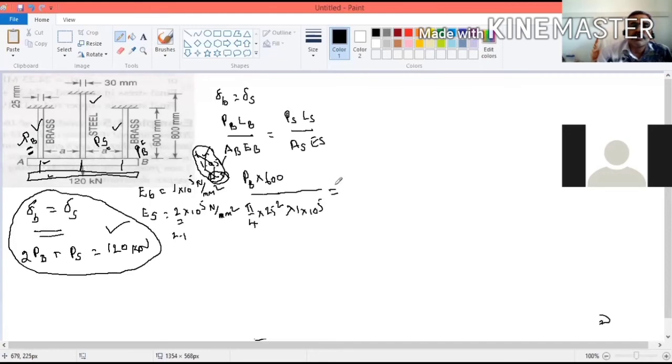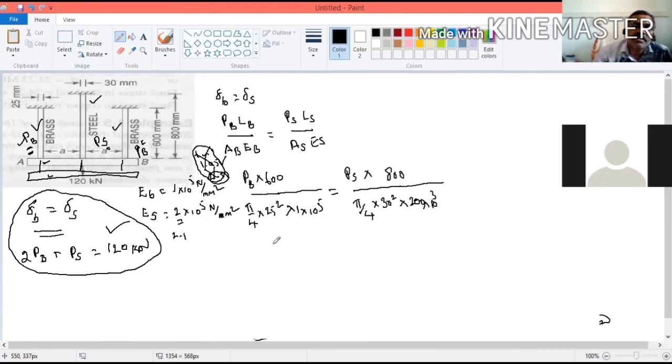This is equal to PS, we don't know, into LS. LS is equal to 800 millimeter divided by area of steel rod, pi by 4 into 30 square, into 200 into 10 power 3 or 2 into 10 power 5. So this is the relation.